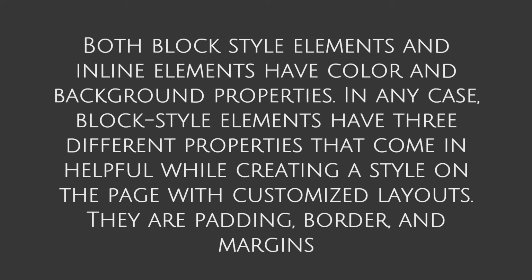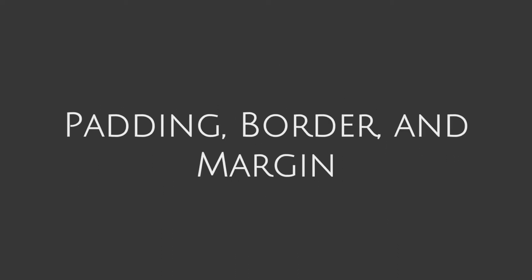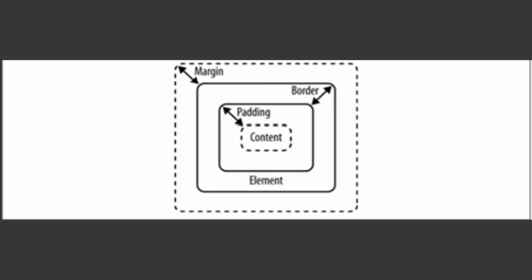However, block style elements have 3 different properties that come in helpful while creating a style on the page with customized layouts. They are padding, border, and margins. The padding property signifies the spacing between the content of the element and the border, and the margin is the spacing between the element and its encompassing element.